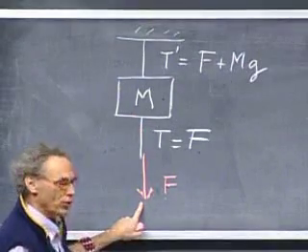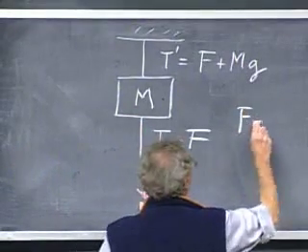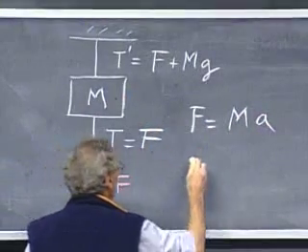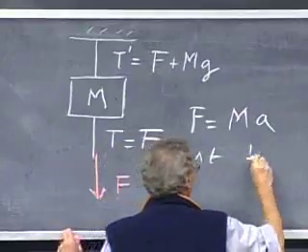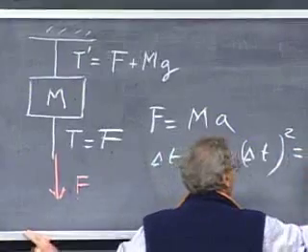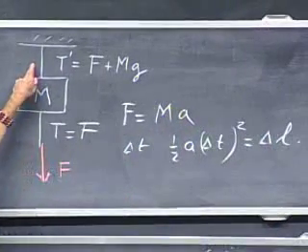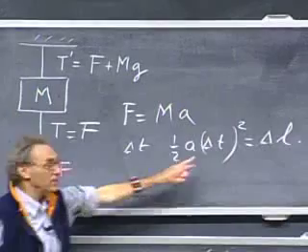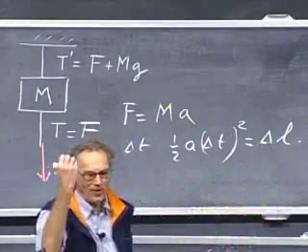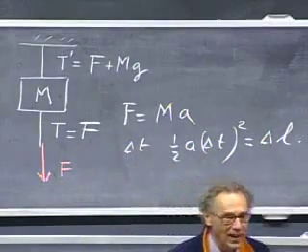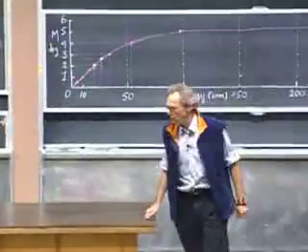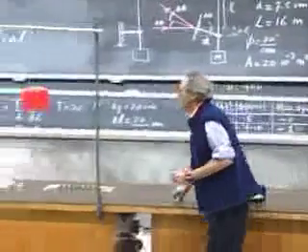Now, if I pull here with a certain force F, F equals ma, the block will come down with an acceleration a, and in a time delta t, it will move over a distance a delta t squared, which is that delta L that this string will feel. But that takes time to reach that delta L at which it wants to break. And so if I pull very fast, I don't give it that time. And that's why the one at the bottom will break. And if I pull very slowly, the one at the top will break.